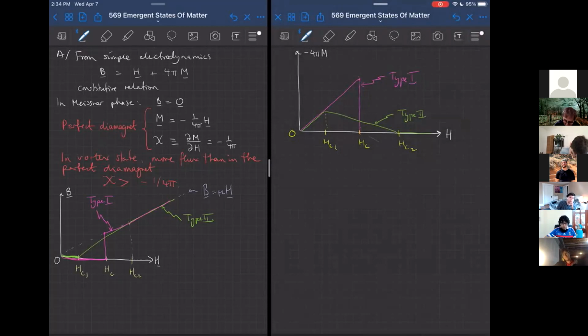Now, let's make some comments about this. You probably already guessed this, but remember we showed last time that the free energy difference between the normal and superconducting state was equal to HC squared over 8 pi.